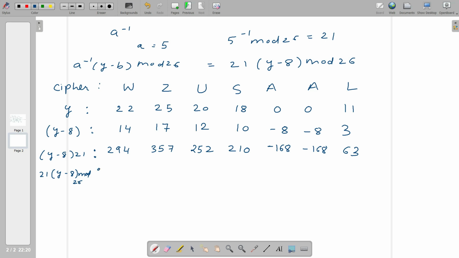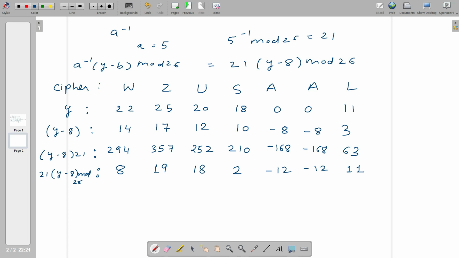When we divide 294 by 26, the remainder comes out to be 8. When we divide 357 by 26, the remainder is 19. In case of 252, the remainder is 18. In case of 210, the remainder is 2. For minus 168, the remainder is minus 12. And in case of 63, the remainder is 11.